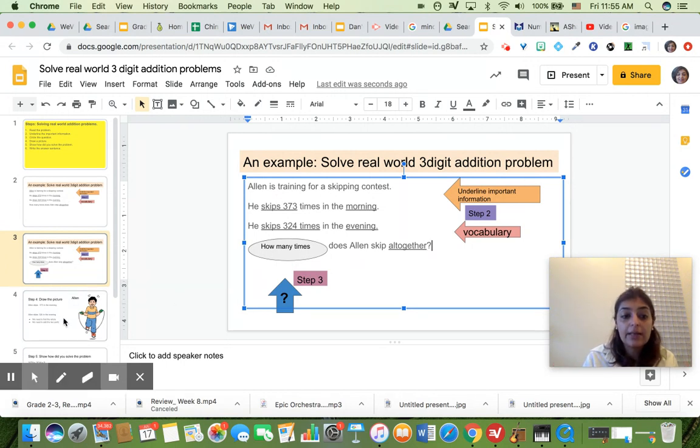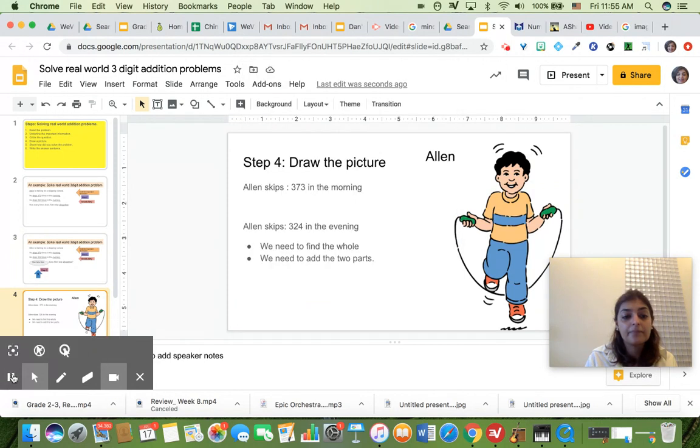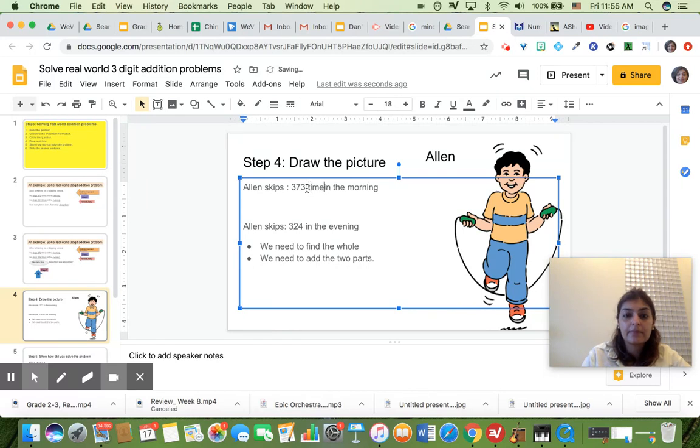So let's draw the picture. Since I'm using a computer, I've drawn a child who's skipping. You can draw a picture of any child who's skipping, and you are to write down Alan skips 373 times in the morning and he skips 324 times in the evening.